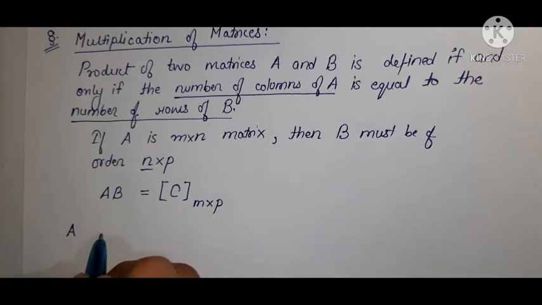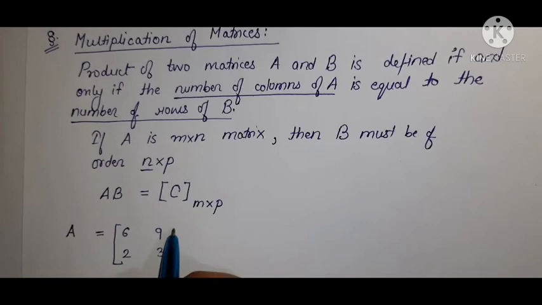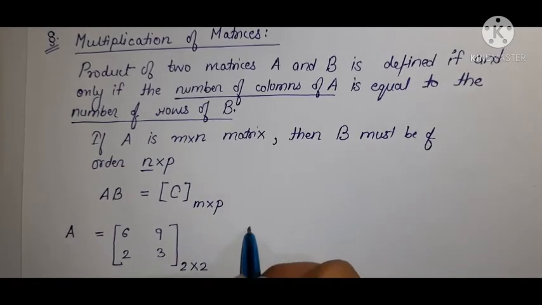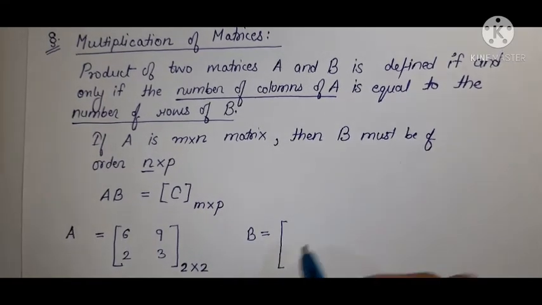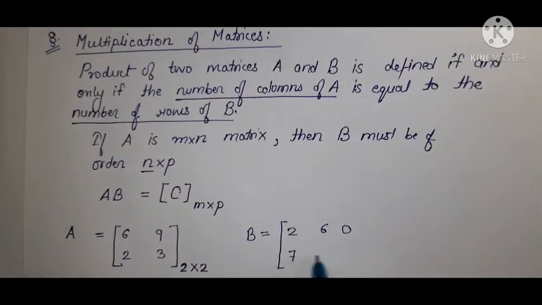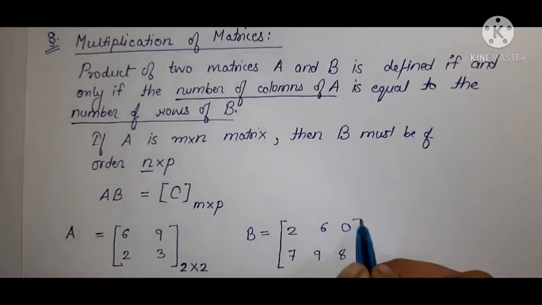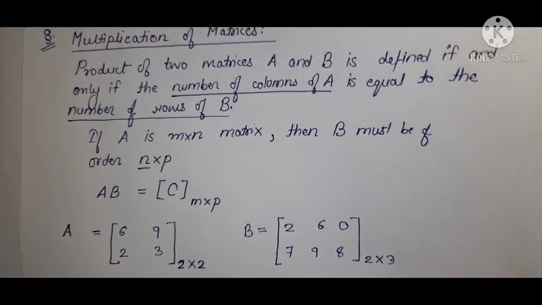Suppose you have A equals to 6, 9, 2, 3. This is a 2 by 2 matrix. Here the number of rows is 2, number of columns is 2. So the number of columns of A should be equal to the number of rows of B. So the number of rows will be 2, and B is 2, 6, 0, 7, 9, 8. So it is a 2 by 3 matrix.